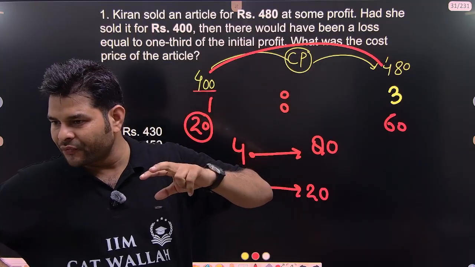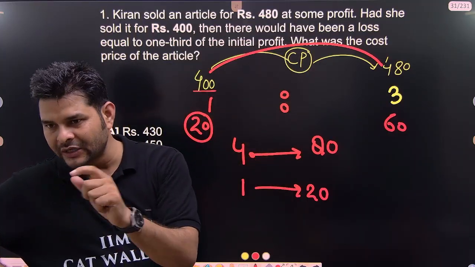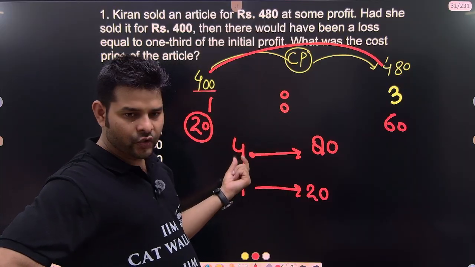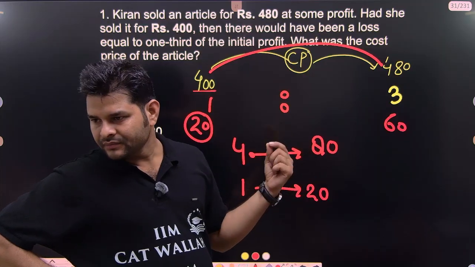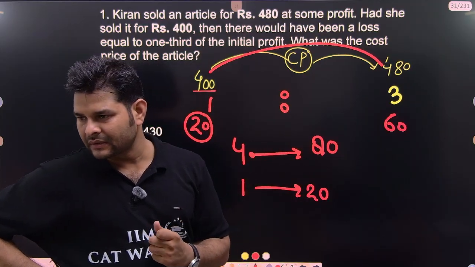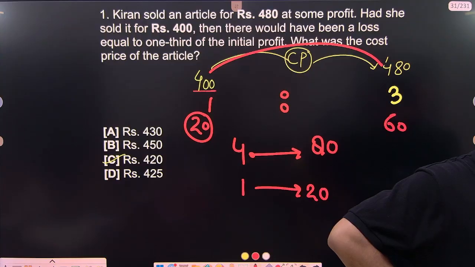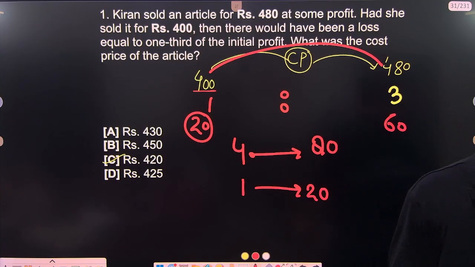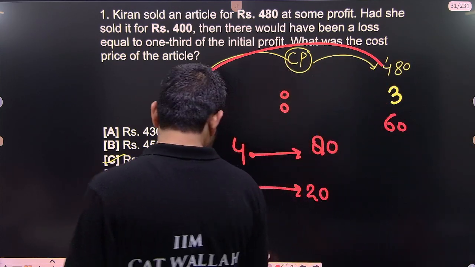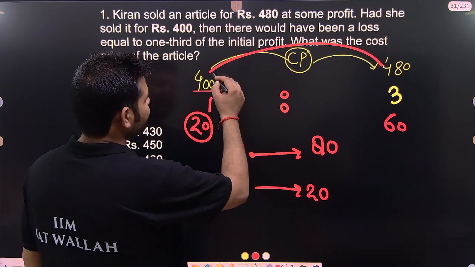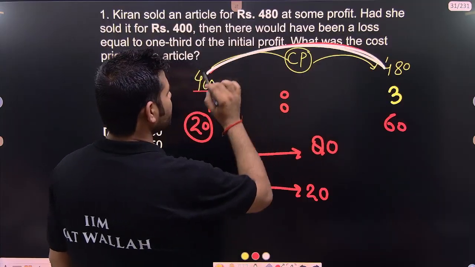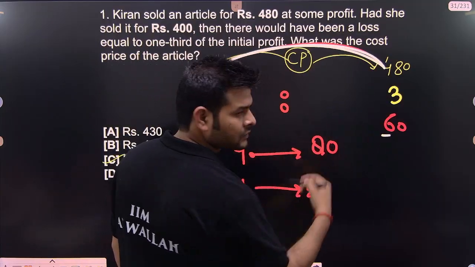So first we find the value of 1 unit, by dividing 80 by 4 units, and you will get the 1 unit value. Quite clear? The logic basically is that the difference from here to here is making this ratio.